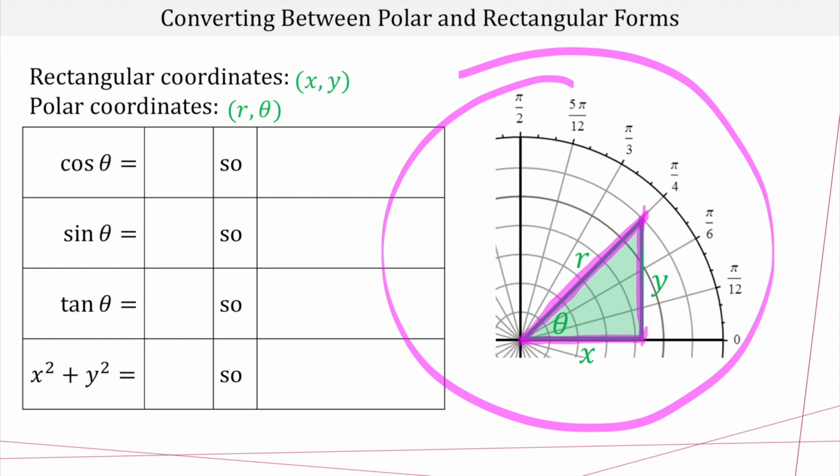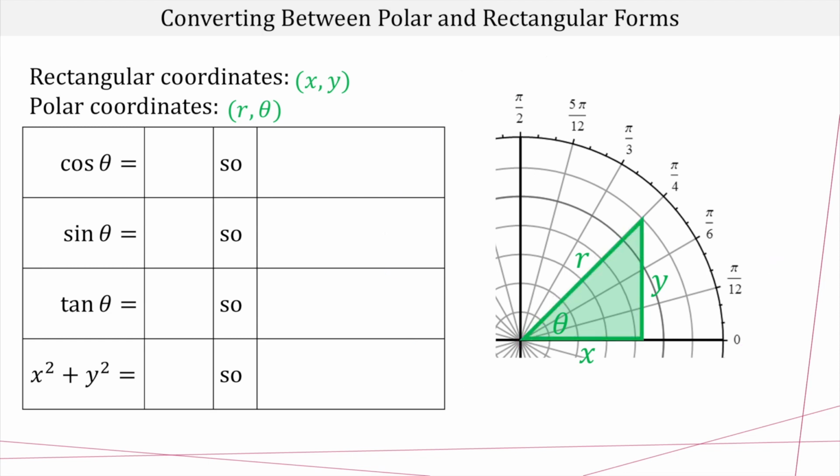So I've got this lovely right triangle, and from the perspective of my theta here, what is cosine? Cosine is adjacent over hypotenuse. So cosine theta is x over r, which means I can take this r and multiply it over.